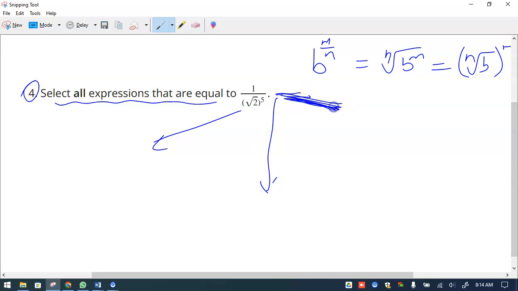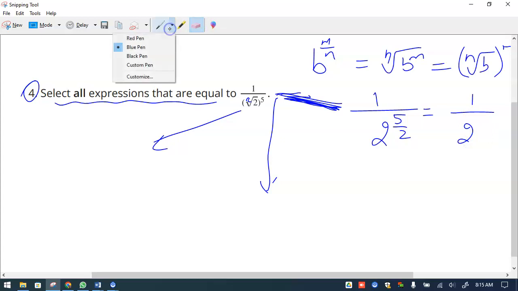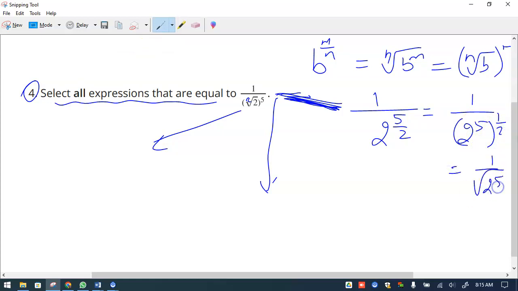One is 1 over 2 raised to 5 over 2. Or you can keep the 5 outside and write this raised to half, which is 1 over square root of 2 raised to 5, which is 1 over square root of 32.